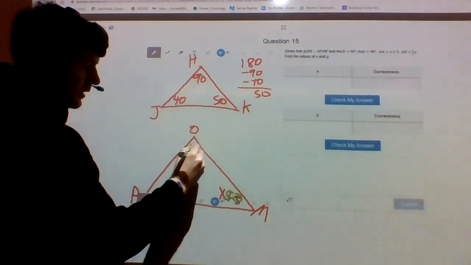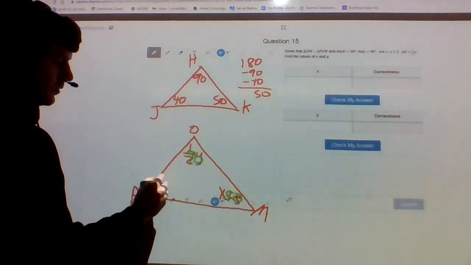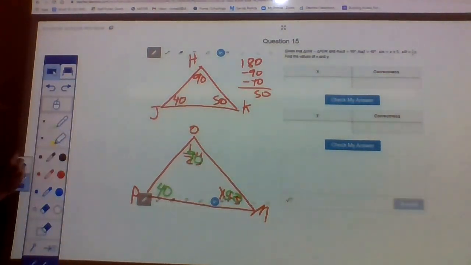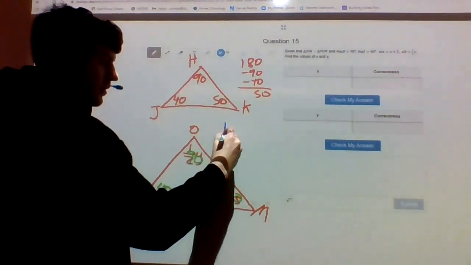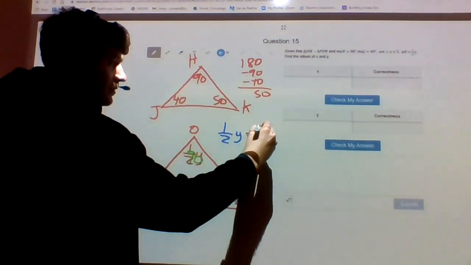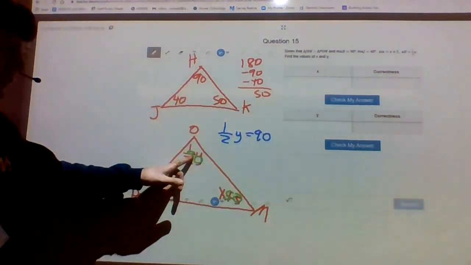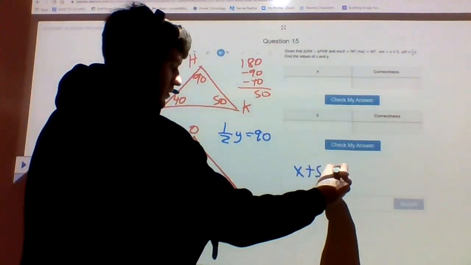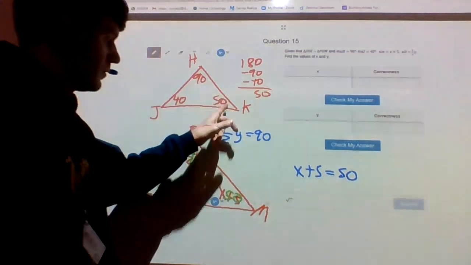We know this is 90. And we know this is 40. So we know 1/2 y is 90, and x plus 5 equals 50. These angles are the same.